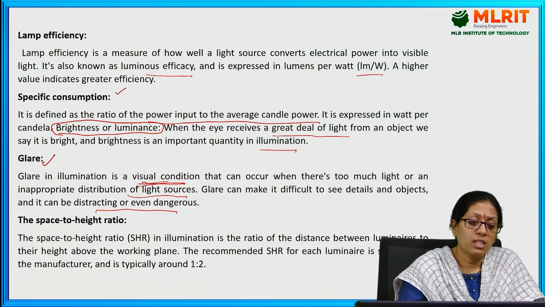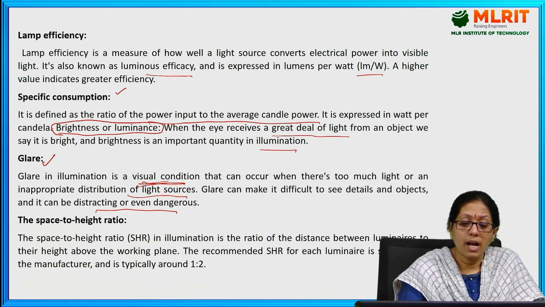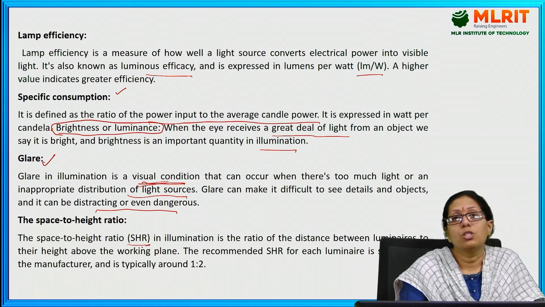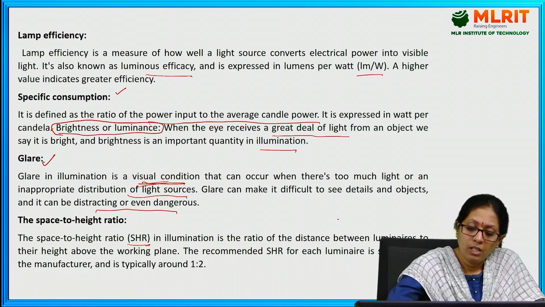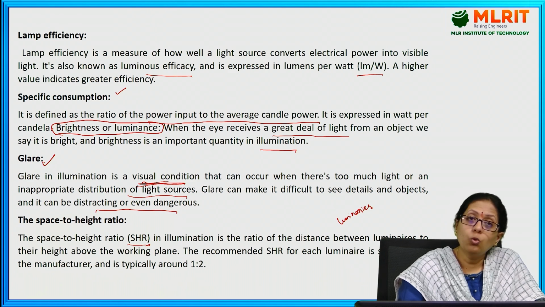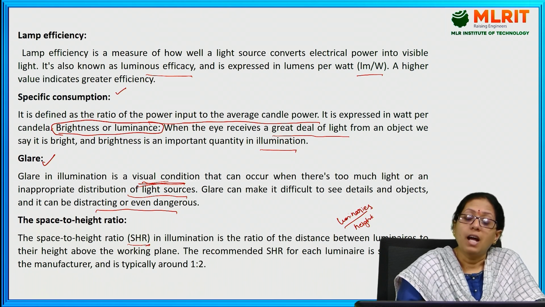So the next one is space to height ratio, which is also called SHR. In illumination, it is the ratio of distance between luminaires to their height above the working plane.